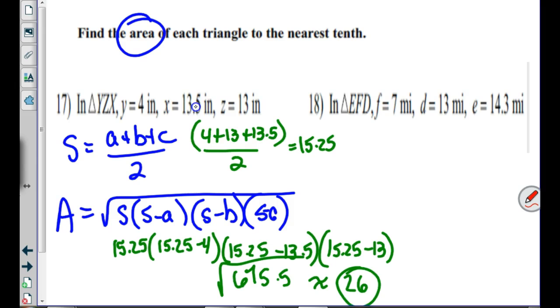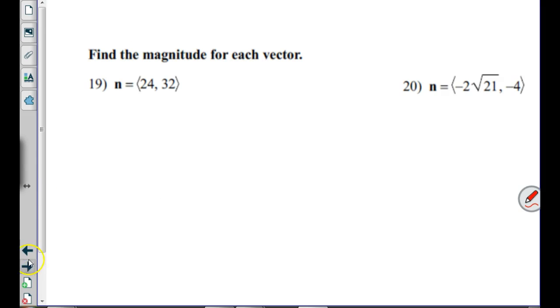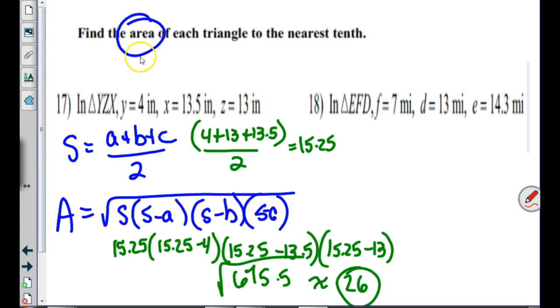I kind of want to do a law of cosines question, and I feel like there isn't one on here where you're given 3 sides. So you want me to make one up? Because I feel like that's on there, but maybe not.